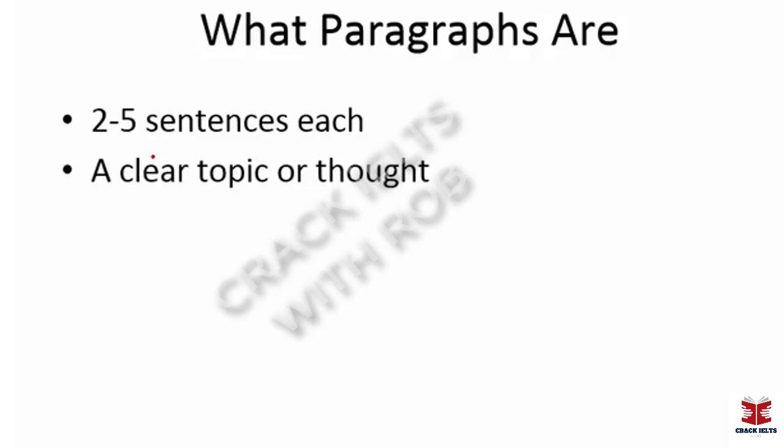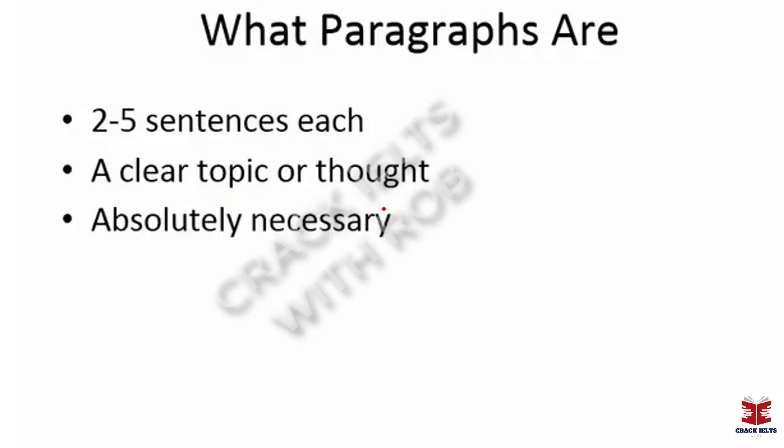And a paragraph needs to be organized around a clear topic or thought. So each paragraph you write will have its own main idea, one big idea, that holds all of the rest of the sentences together. So each paragraph has its own main idea or basic concept.